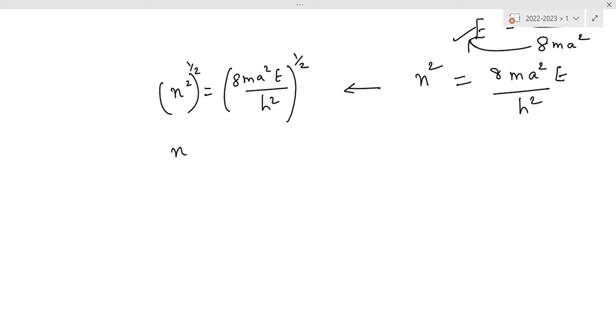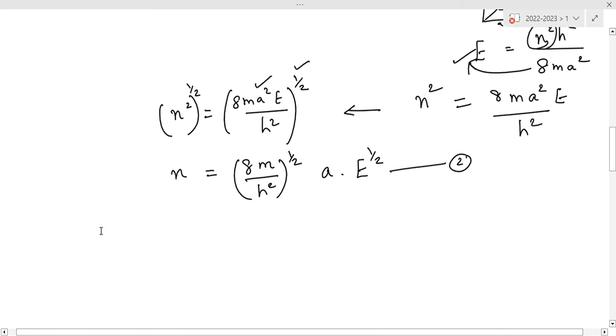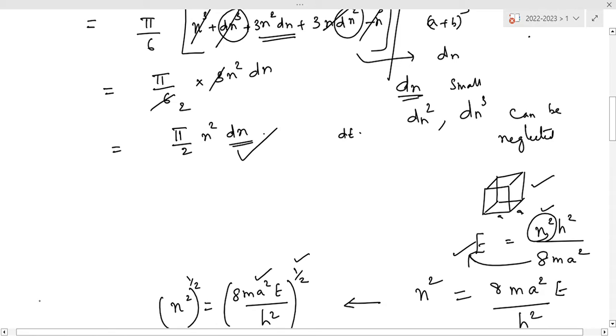So n is equal to (8m by h square) the whole power half, a square and power half is a, and E power half. I am taking this as equation number 2, and previously we have an equation here for density of energy states of the electron. I am considering this as 1.